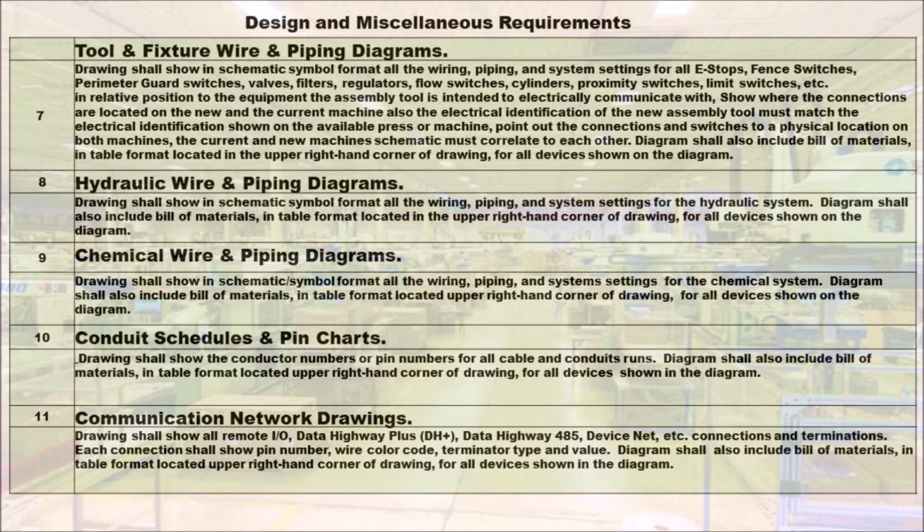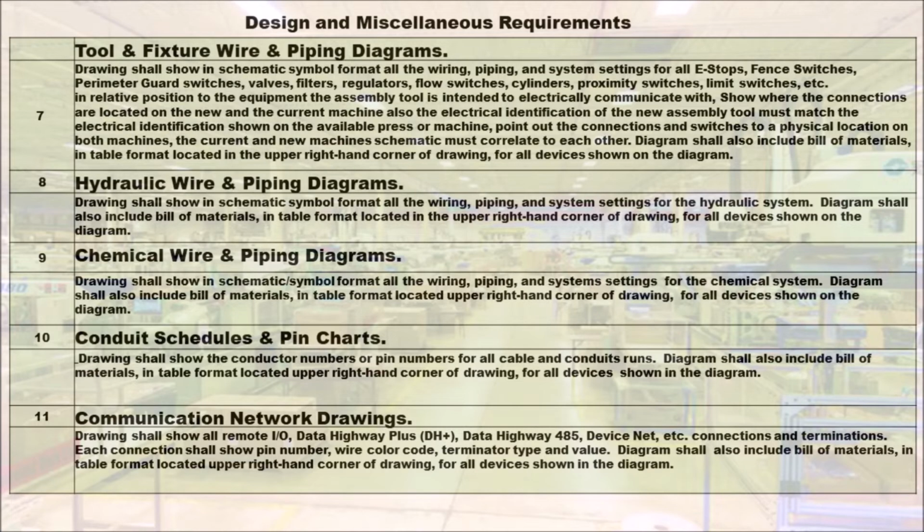10. Conduit schedules and pin charts. Drawing shall show the conductor numbers or pin numbers for all cable and conduit runs. Diagram shall also include bill of materials, in table format located in the upper right-hand corner of drawing, for all devices shown on the diagram. 11. Communication network drawings.